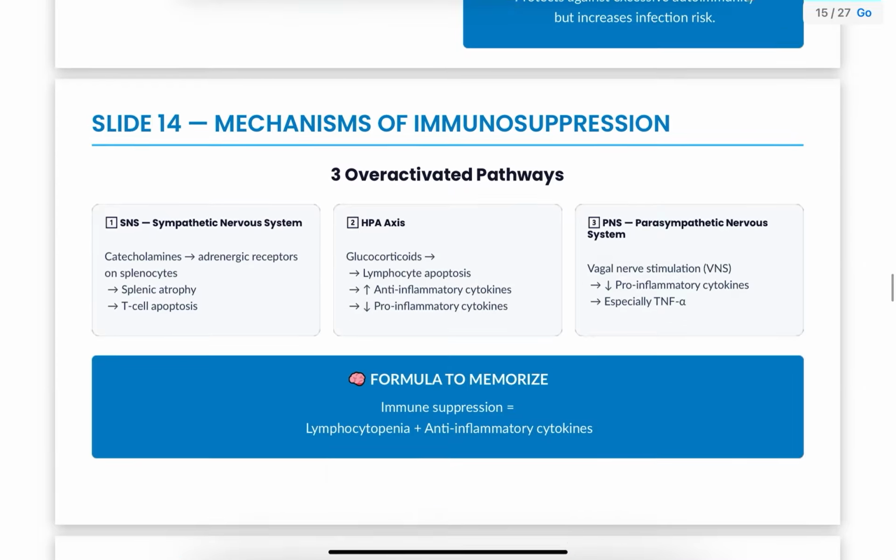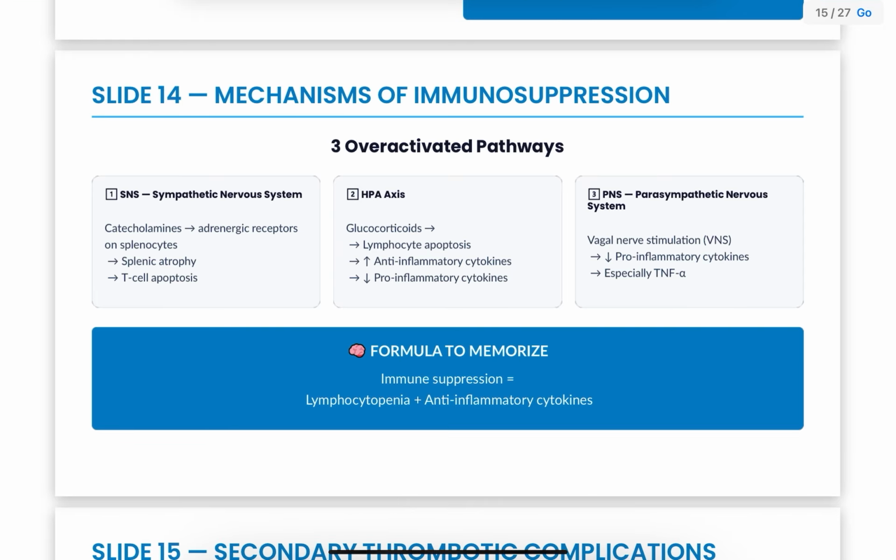Now, let's move on and talk about the mechanisms of the immunosuppression. How can this happen, actually? There are three neurogenic pathways that are involved. The first one that I want to talk about is the sympathetic nervous system, or the SNS. The stroke increases the sympathetic activity, causing catecholamines to circulate and act on the adrenergic receptors on the splenocytes, the spleen cells.